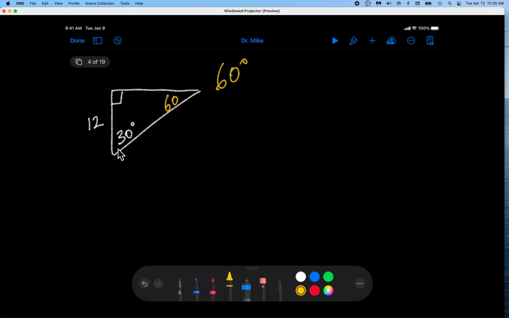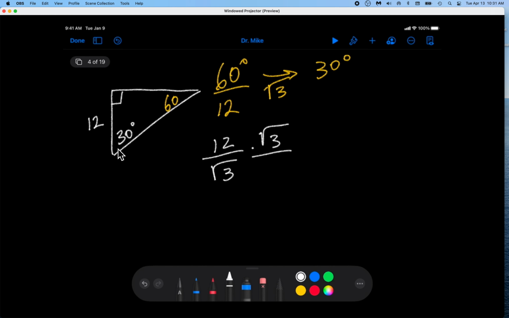So they gave us the 60. We have to work with 30. What's the conversion factor whenever square root of 3 is involved? Are we getting bigger or smaller? We're getting smaller. That means we're going to divide by the conversion factor. We cannot leave the radical sign in the denominator.